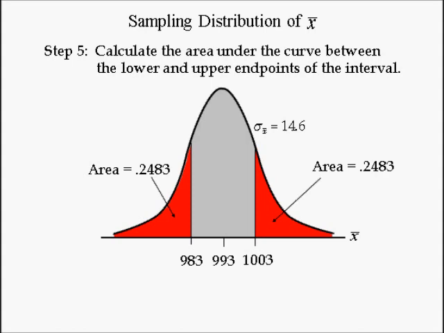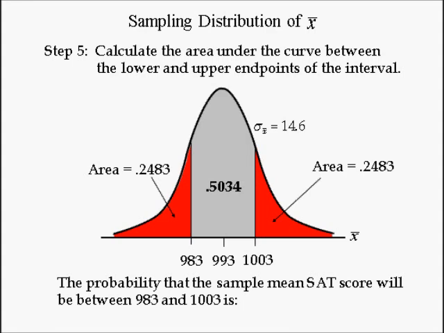The area in the tails, or the probability of not being between 983 and 1003, is 0.4966. Subtracting 0.4966 from 1 yields 0.5034. Thus, the probability that the sample mean SAT score will be between 983 and 1003 is 0.5034.